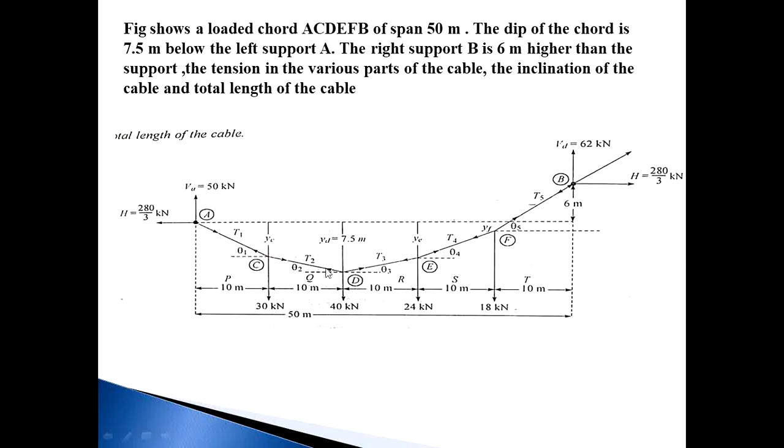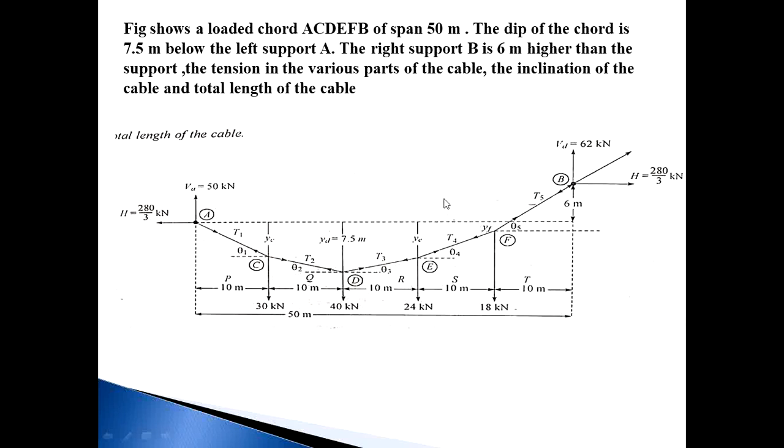the cable. So in this problem, supports are at different levels, meaning at support A and support B the height difference is 6 meter. Basically in this problem, the depth D, that is YD, is 7.5 meter from support A, and we want to calculate YC, YE, this is the vertical distance from point A or that reference line A, and YF.